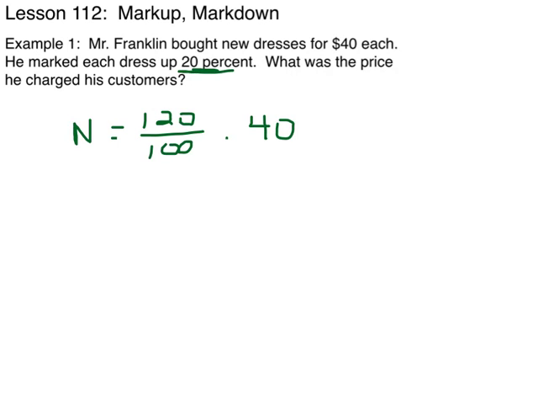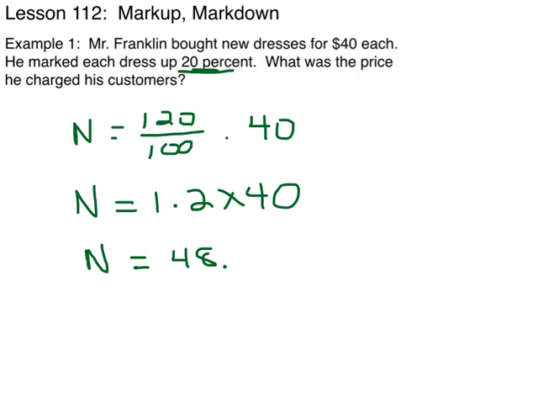So when we do the math, you can either do 120 over 100 or you can convert it to a decimal and do n equals 1.2 times 40. And when you do the math on that, you're going to see that that is $48. So he pays $40 for each dress, but he's going to sell them for $48. So now he's making $8 on each dress.